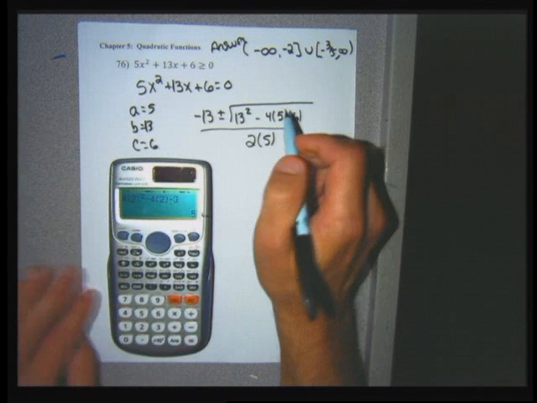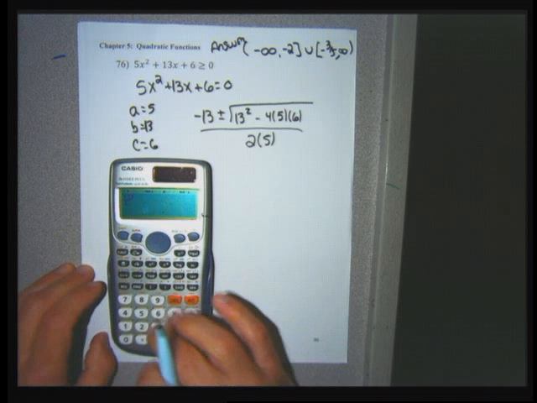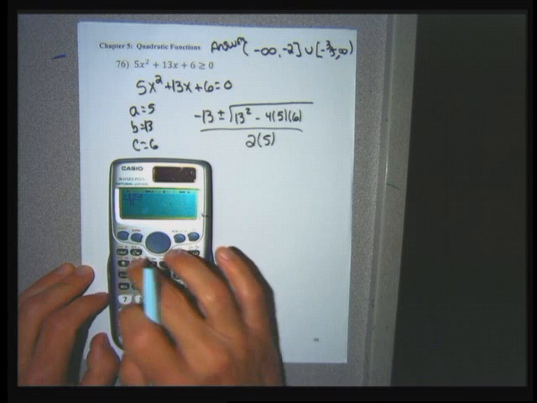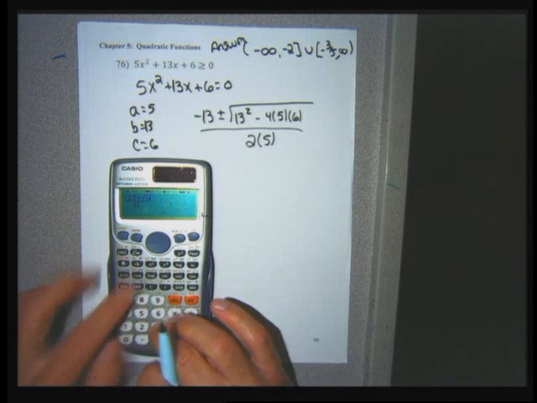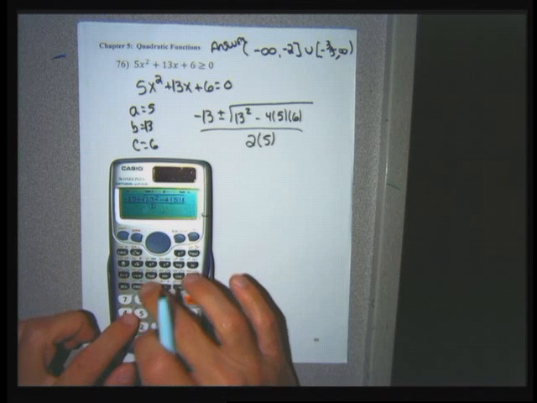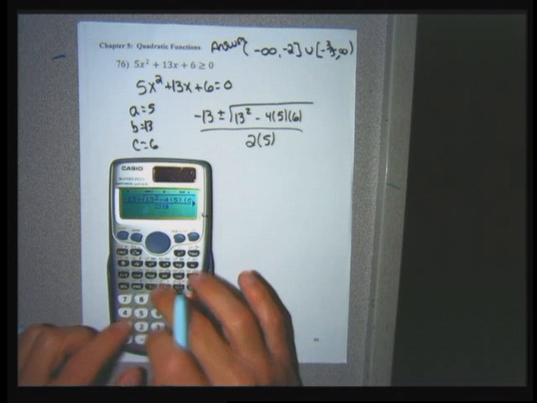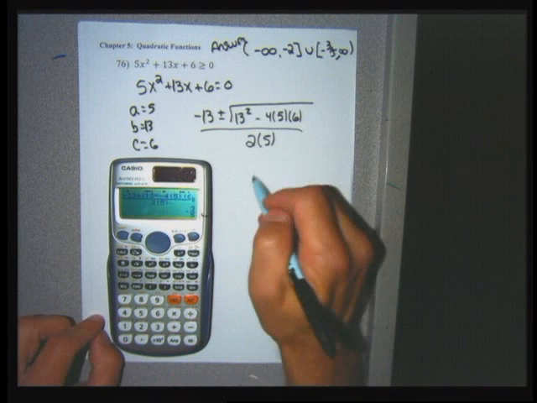Break out my calculator. Fraction, negative 13 plus square root 13 squared minus 4 parentheses 5 parentheses 6 all over 2 parentheses 5 gives me negative 3/5.